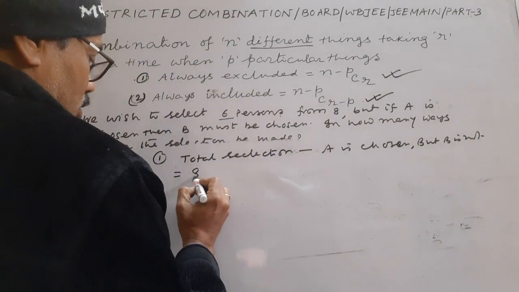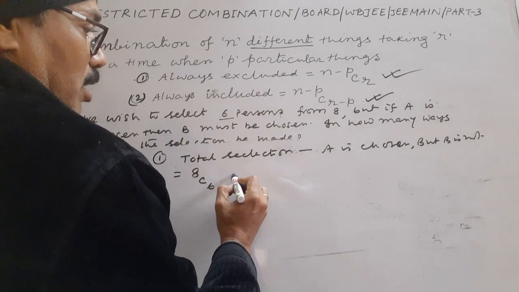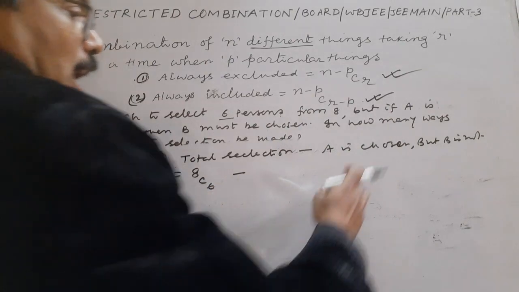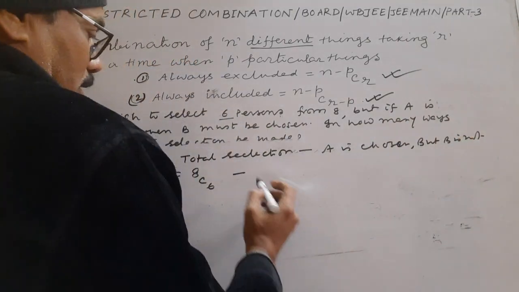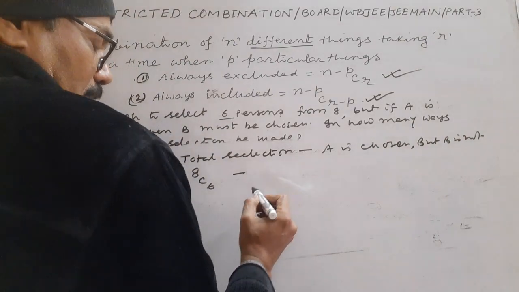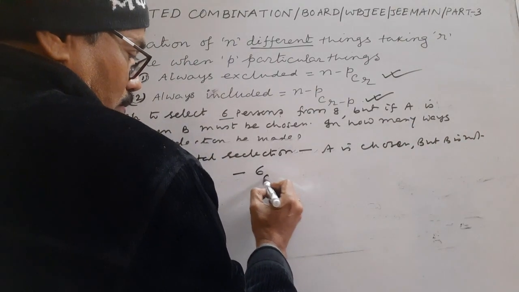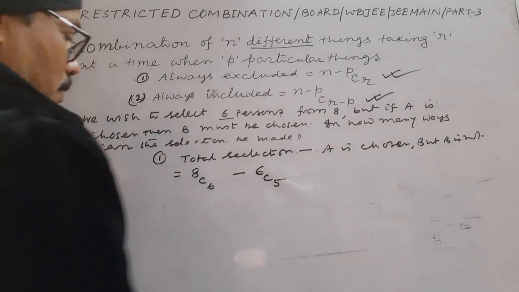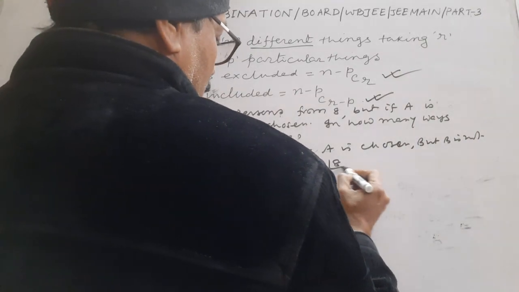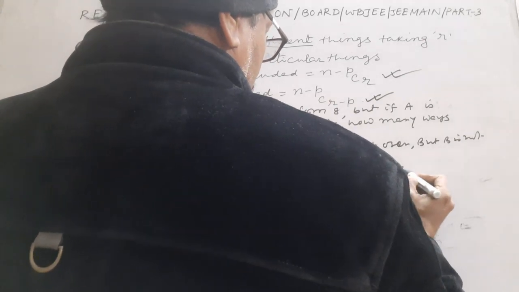So total is 8C6 minus the case where A is chosen and B is not chosen. We have already considered this case, this is 6C5. So 8C6, factorial 8 over factorial 6 into factorial 2, minus 6.